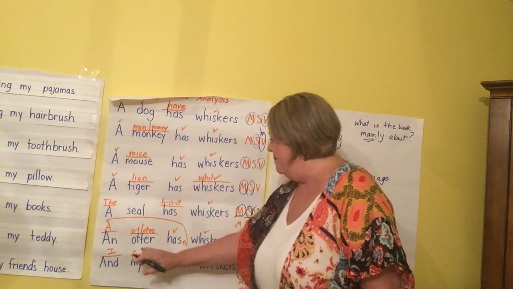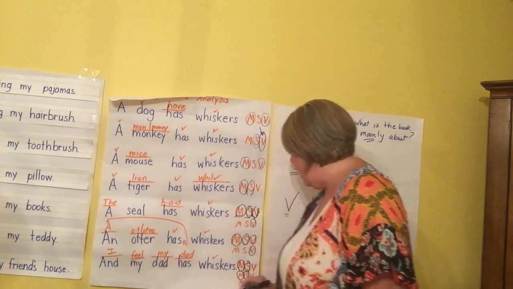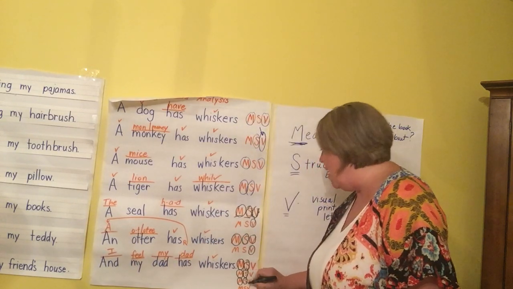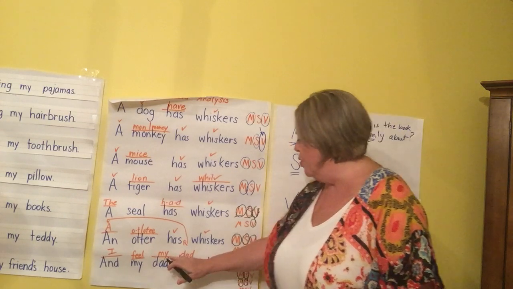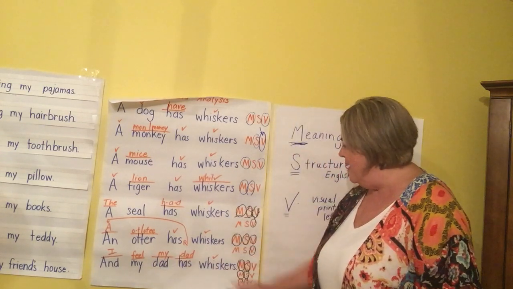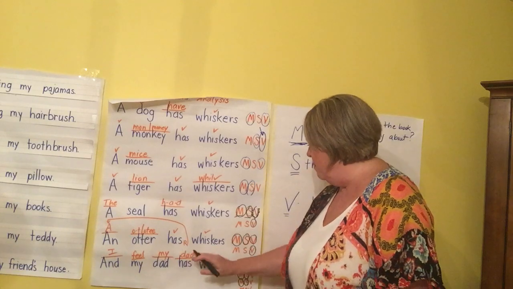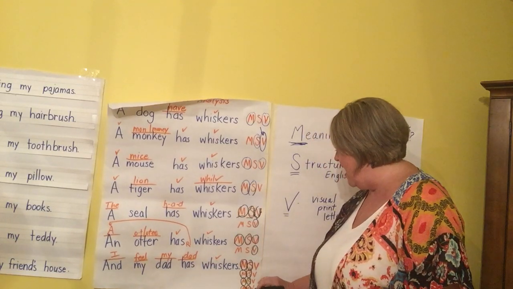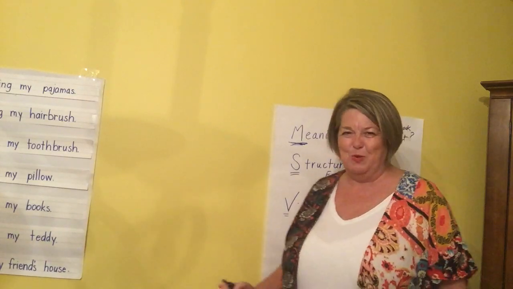Okay? I feel my, meaning-wise, I could give that. Structure, I feel my. No use of visual there. Okay? And then dad, I feel my dad, meaning-wise, I can give that. Structure, I can give that, but I cannot give the visual for that.